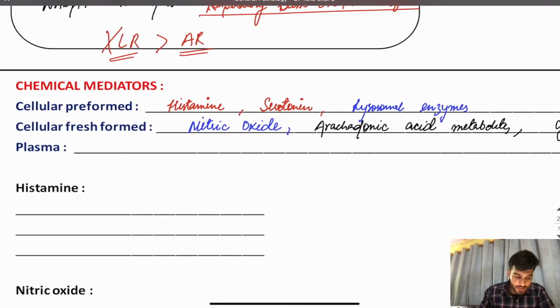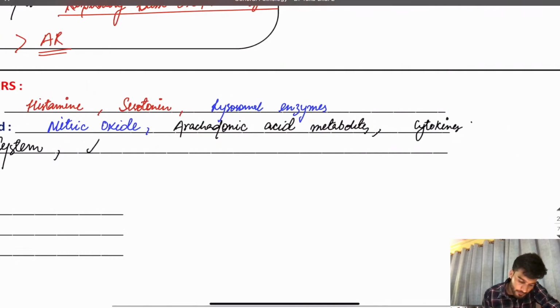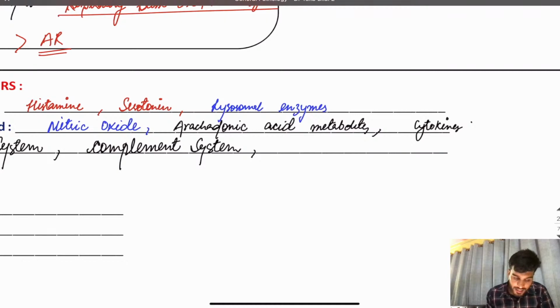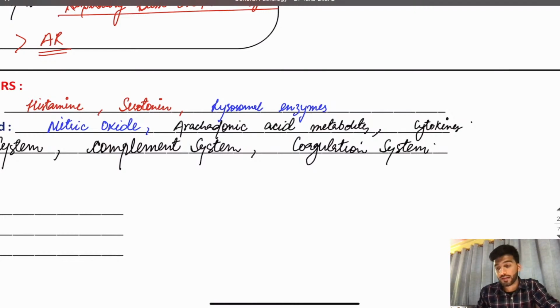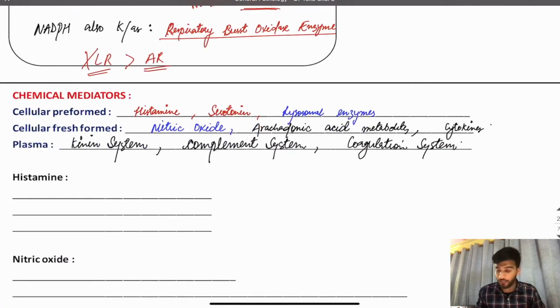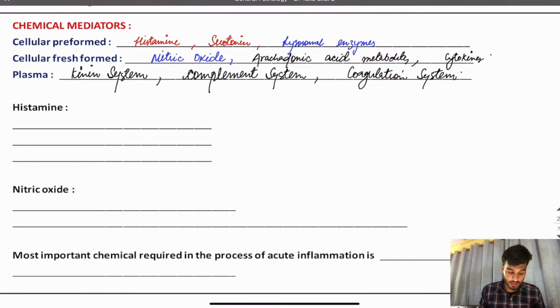Then in the plasma guys, we have the kinin system, complement system, and coagulation system. Now let's discuss these chemical mediators one by one.